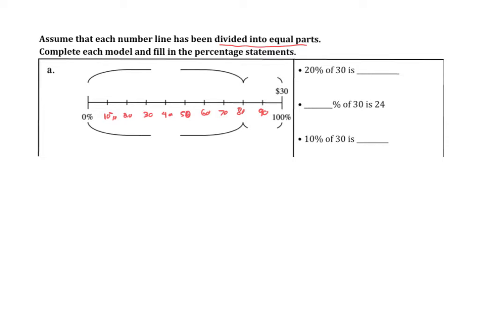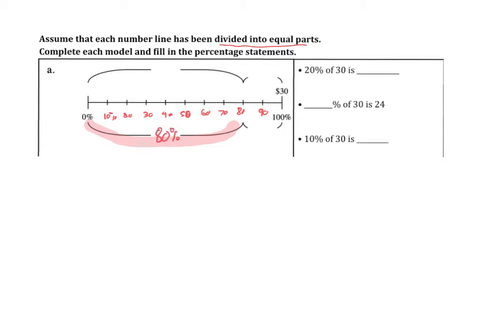Okay, so we need to start filling in these blanks. Well, we know that this first bit, the large one right there, let's just worry about our percentages for now, because that is 8 chunks. That is going to be 80%.